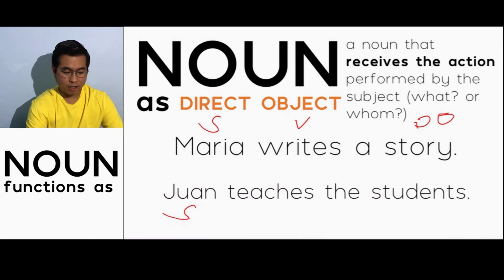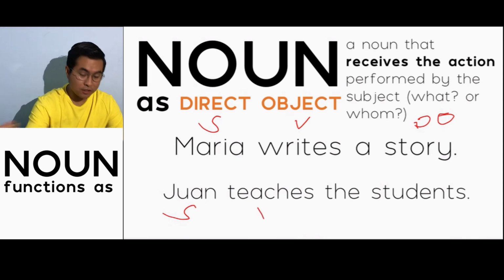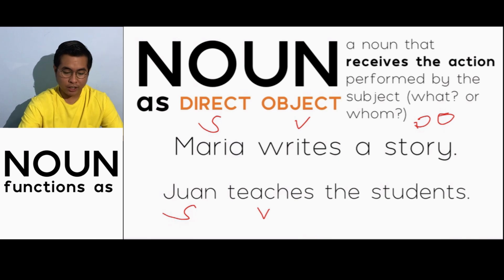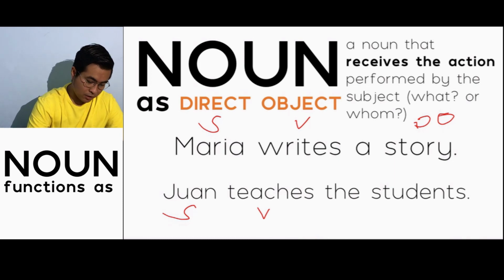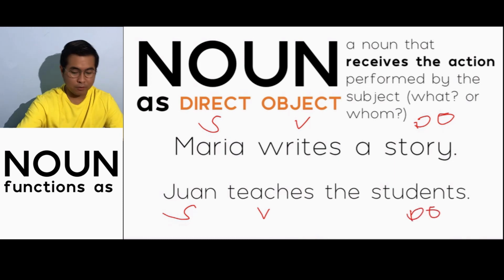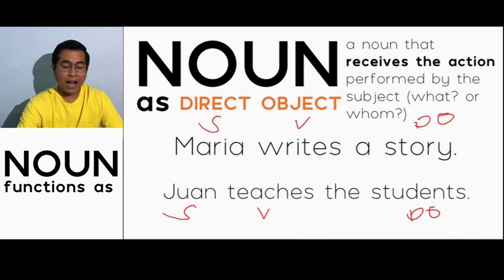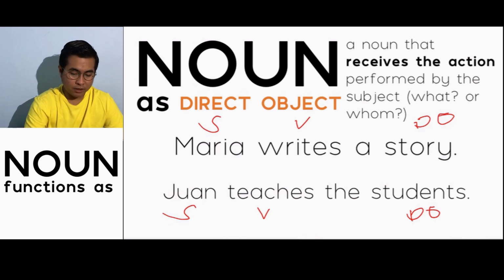Teaches, or he teaches. So this is your verb, your action word. Teaches what? Or whom? You have students. So this is your direct object. Okay? So that is your noun as direct object.